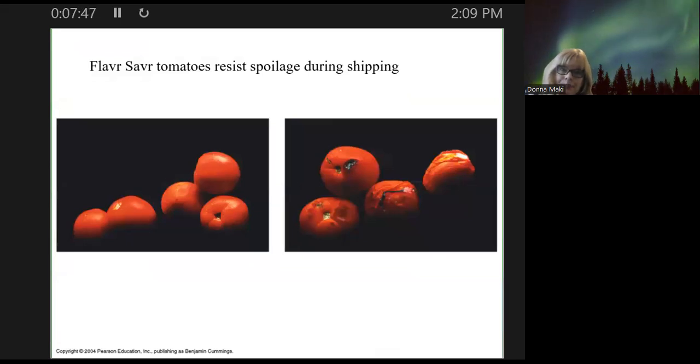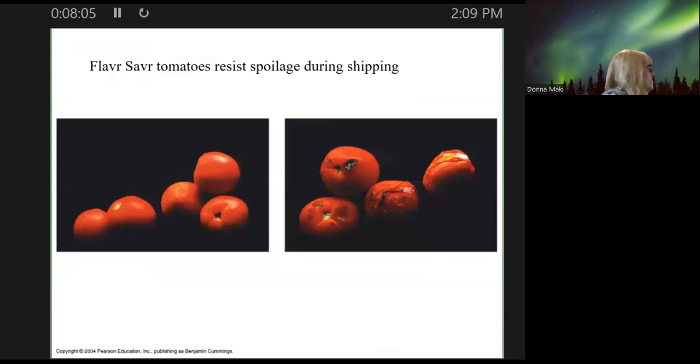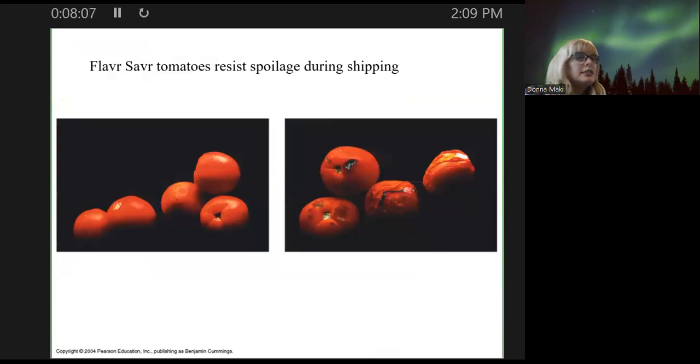Certainly, I think we left off here with the idea of Flavr Savr. Normally, when they ship tomatoes across country, if they're fully ripe when they're in shipment, there's bruising that can happen, just the physical shaking of the tomatoes and the bumping around in the semi trucks or the train system.